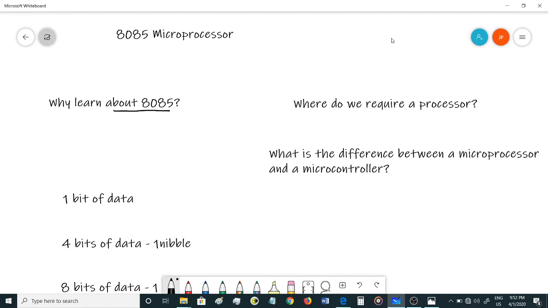And why do we require a processor? As simple as that: wherever you want to run a program, that is where a processor is required. All the programs that you have written in your life are run using a processor.